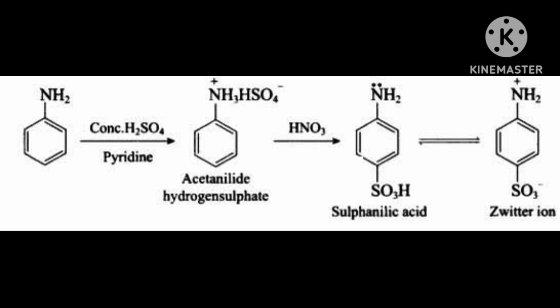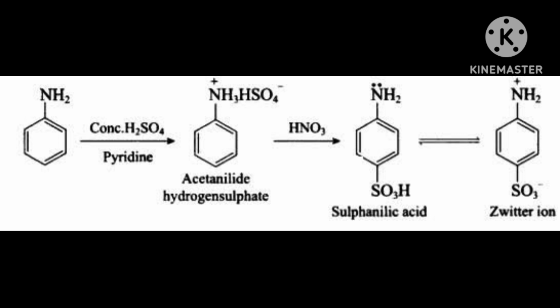Hence, after heating, at the para position H will come to this nitrogen, and it will form NH2, and this HSO4, which was positive, will come to the para position. That carbon is negative, there it will join. Means what I told in the beginning, directly it will give sulfonylic acid, means at para position SO3H will join.